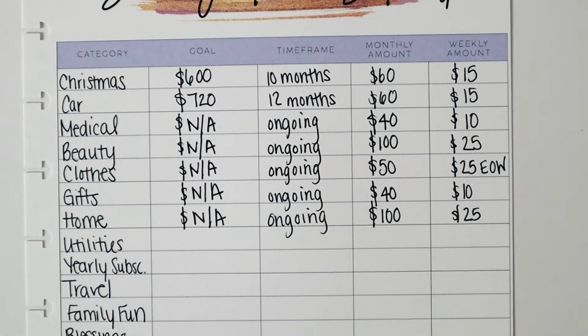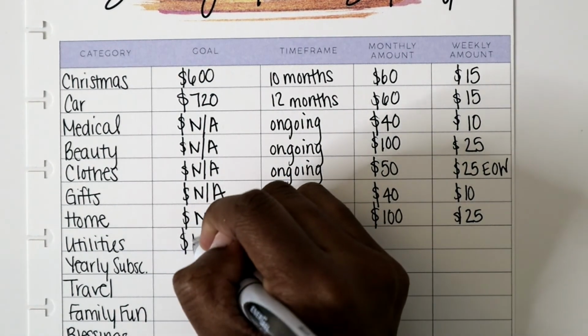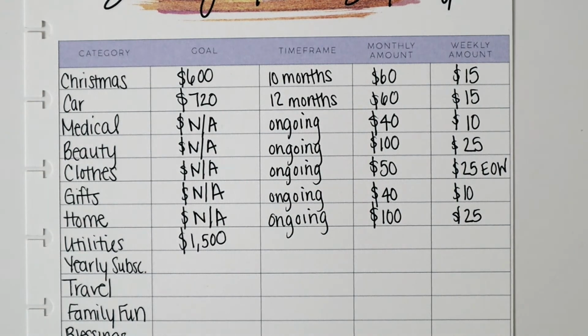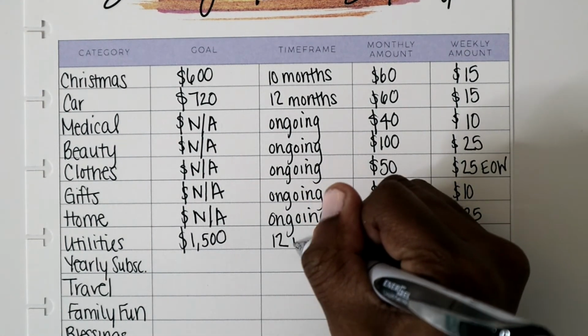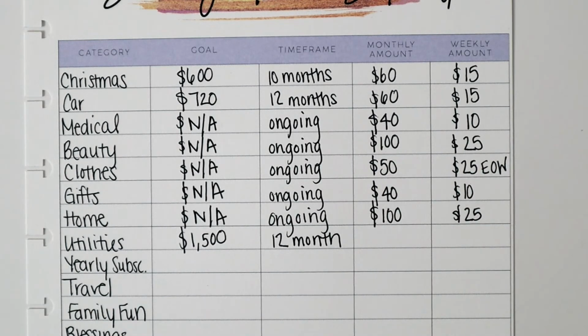The next category will be utilities. And for utilities, this one does have a goal. I would like to save $1,500 for this goal, and I would like to do it in 12 months. So I want it to be a yearly sinking fund because we do have utility expenses like our water, sewer, our trash.